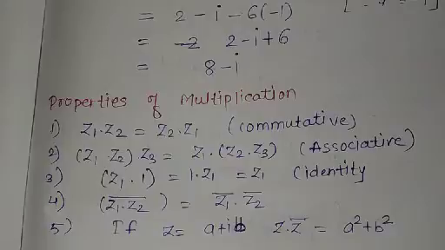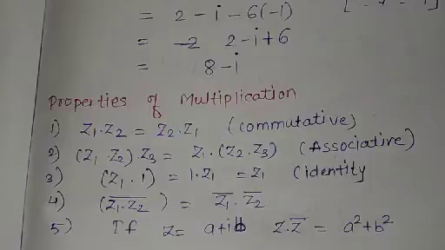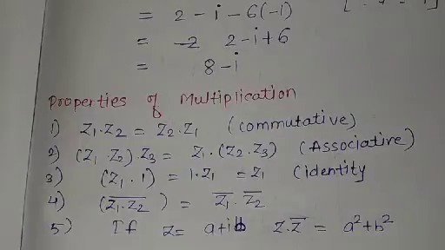Now we will go for properties of multiplication. The properties of multiplication are the same as properties of addition, only here we change the sign, that is instead of addition we take multiplication. So the first property is, for any two complex numbers z1 and z2, z1 into z2 is equal to z2 into z1.